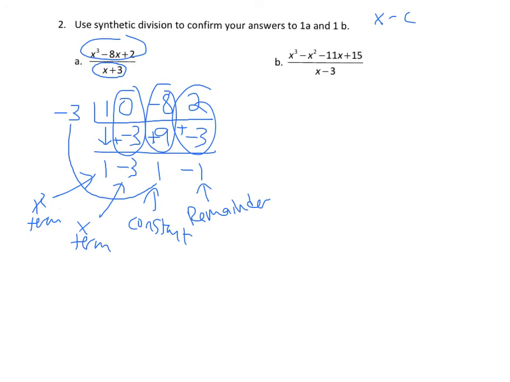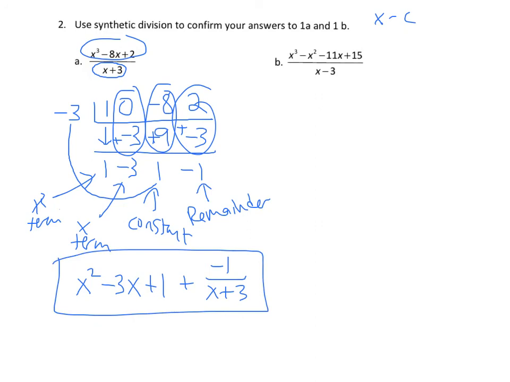But so the answer is going to be 1x squared, or just x squared, minus 3x plus 1 plus negative 1 over x plus 3, which should be the same answer we got when we did this before using long division.